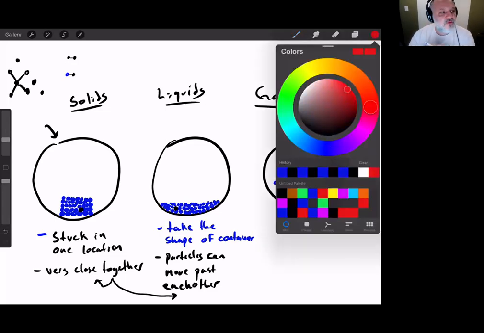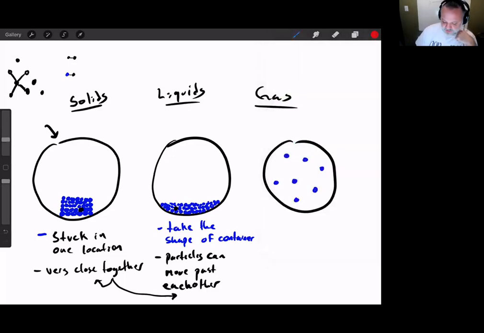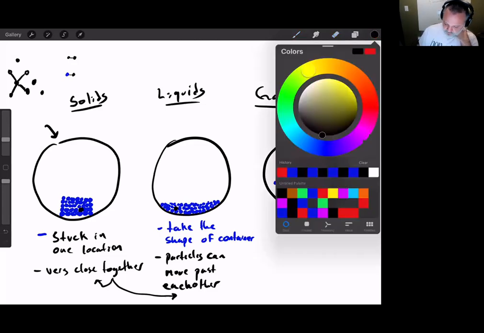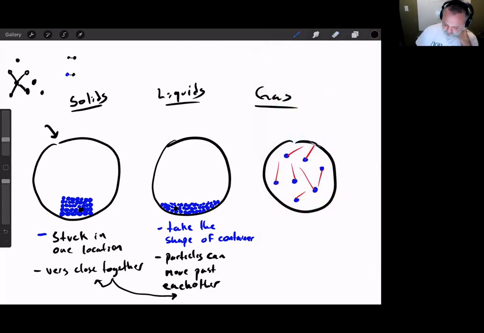So there's that. And then there's one more thing that I need to do to change the picture to make it accurate. And I do it like this. Pew, pew, pew, pew, pew. What do these little tails mean? In your picture, you should indicate with tails or something like this that they're moving about.